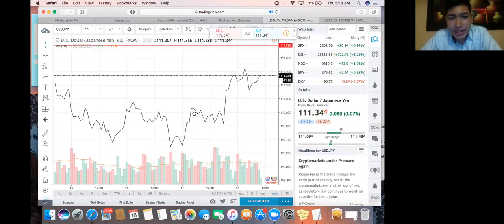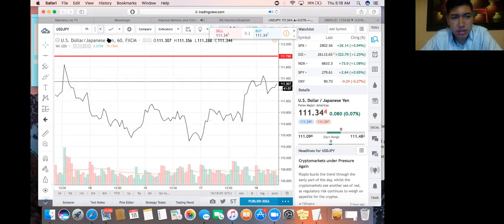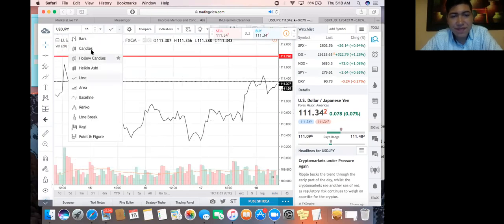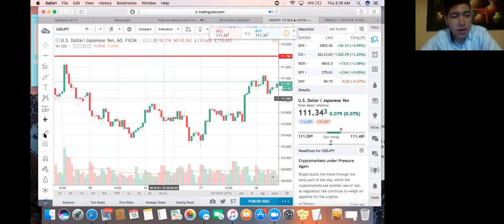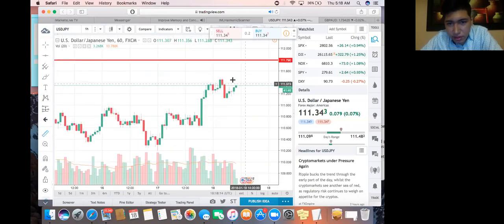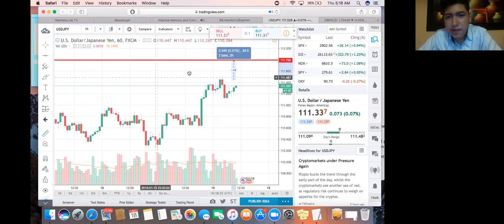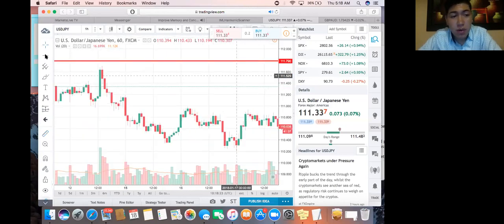All right, so as we can see, let me put this on candlesticks, sorry, so we can have a better look at it. Right now, the price when it was called was right here. So if I took it to the stop loss, it was about 34 pips. Now, 34 pips is a lot. What would I do?